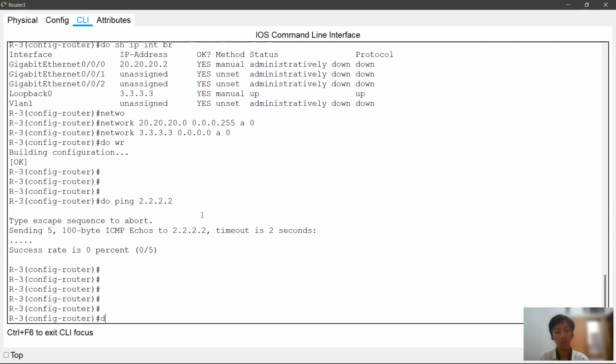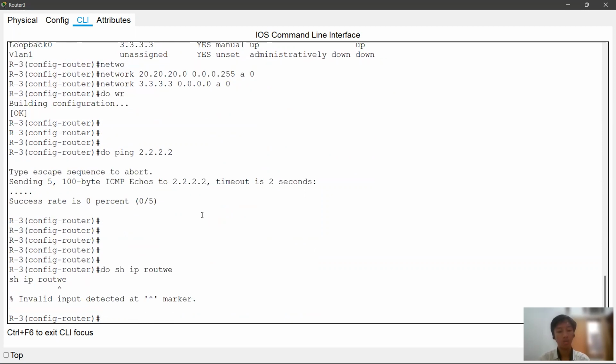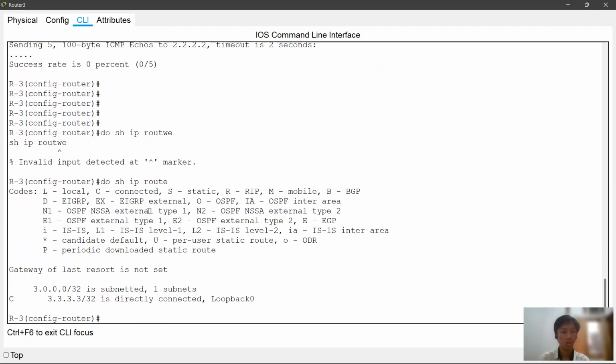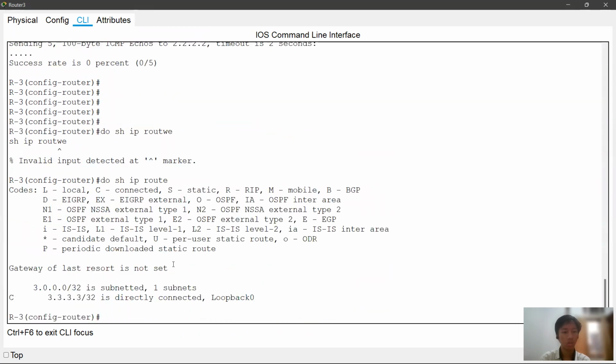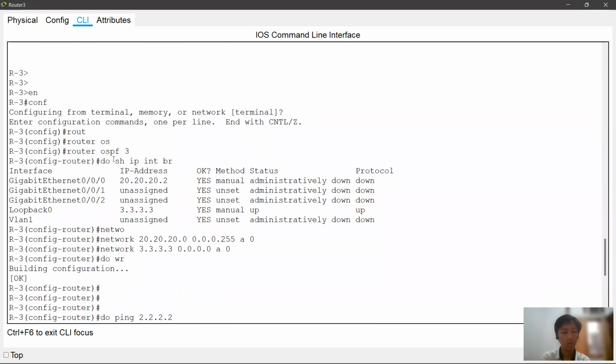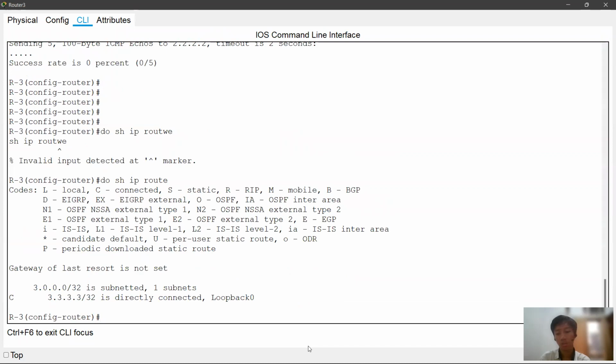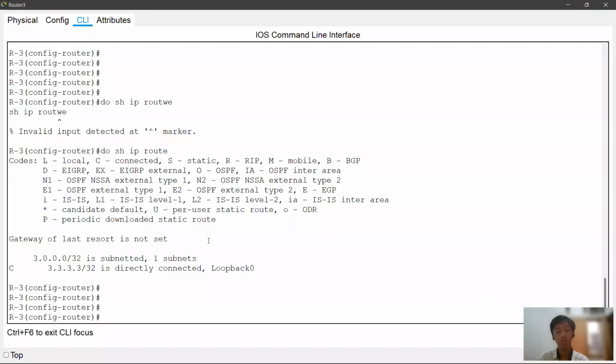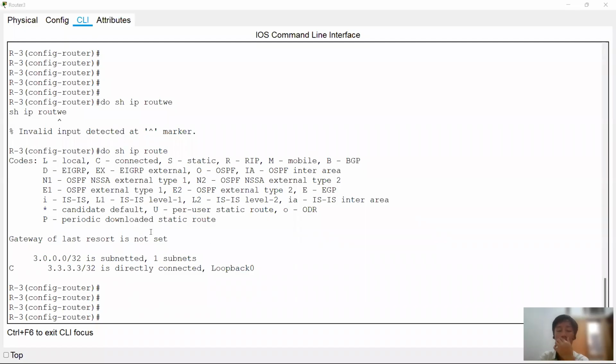Okay, we must check again. Do show ip route. Sorry. Okay, wait. Oh, I know the problem.